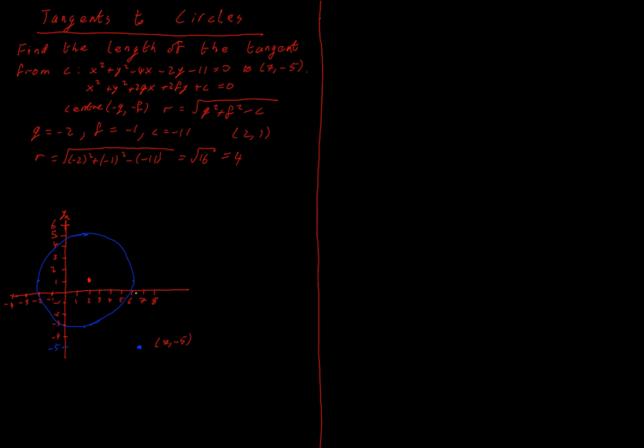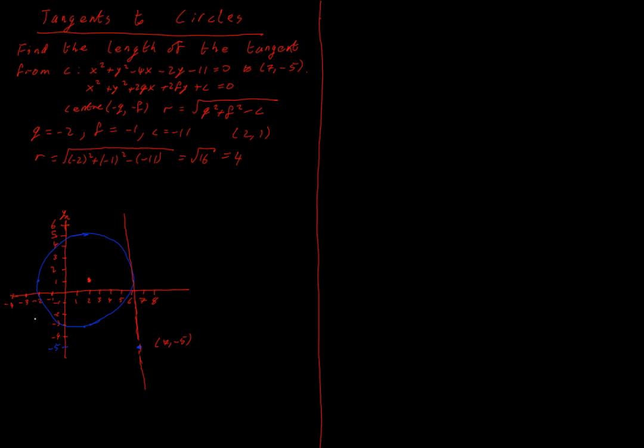And then what are we looking for? We're asked for the length of the tangent from the circle to this point. Well, we know that we have a tangent going this way, best as I am able to draw it freehand.